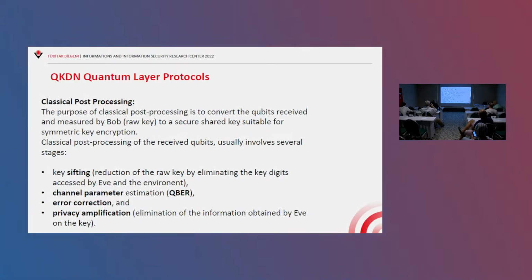So after the key is generated through entanglement or other means, and we obtain the raw key, there is classical post-processing. What does this classical post-processing do? It involves several stages typically, and it makes sure that the key that Alice and Bob have is the same actual key, and also that it is distributed in a secure manner.